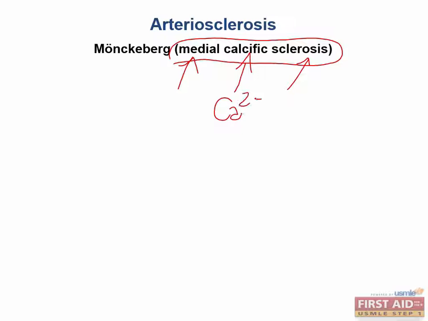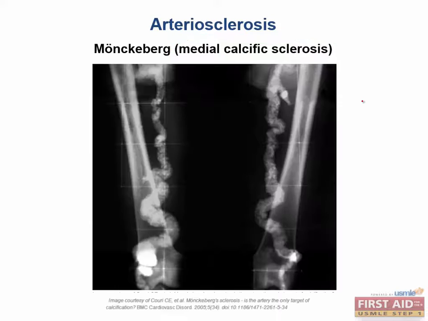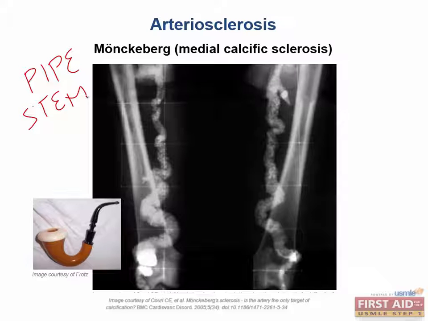So for some reason, calcium is thickening the tunica media and making it hard. Here's an image of what's going on in this disease. These are classically referred to as pipe stem arteries because they look like the shape of the stem on a smoking pipe. So the femoral and the popliteal arteries show significant calcification.